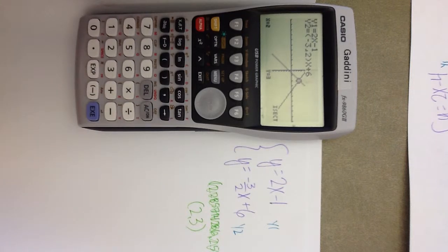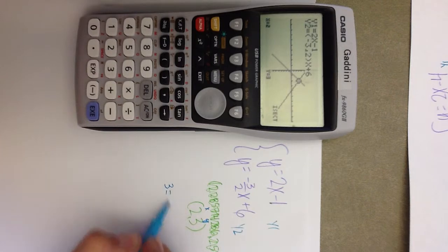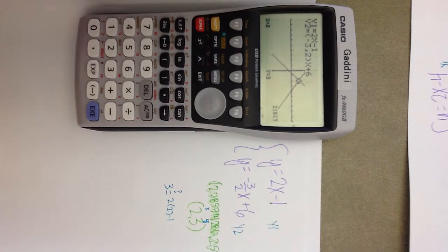And you know, you can always check your answers by plugging them into the original problem to verify that the equality is retained, or that these equal signs are true. So here I've got x and y coordinates, so if I plug this 2, 3 into the original, I've got 3 equals, well, that's a question mark right now, 2 times 2 minus 1. Well, certainly, 3 is equal to 4 minus 1, so that one's good.